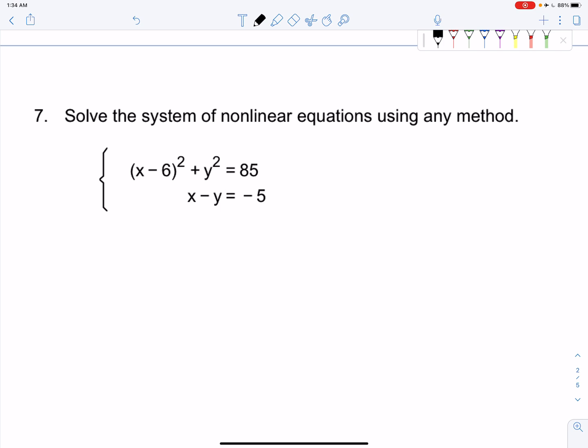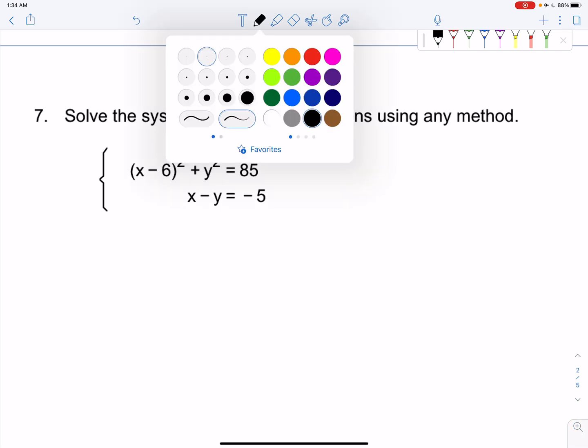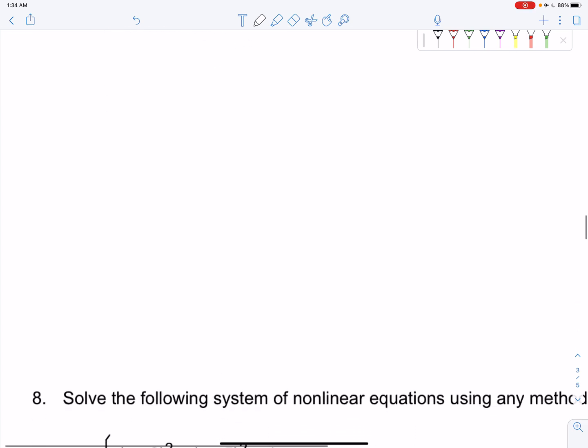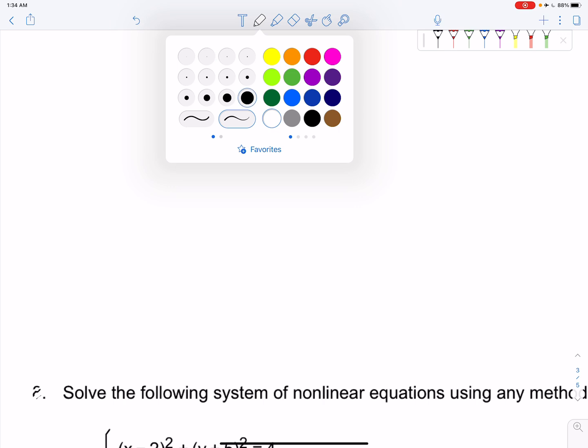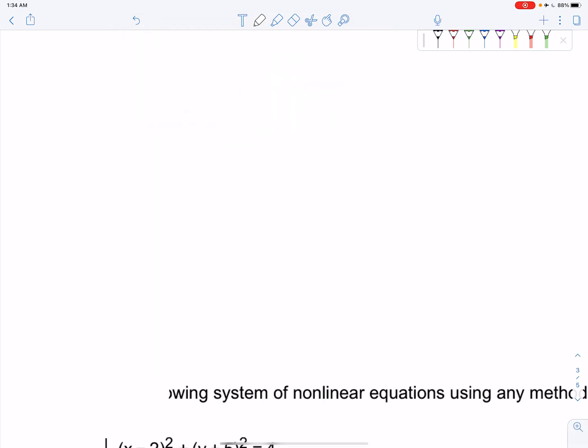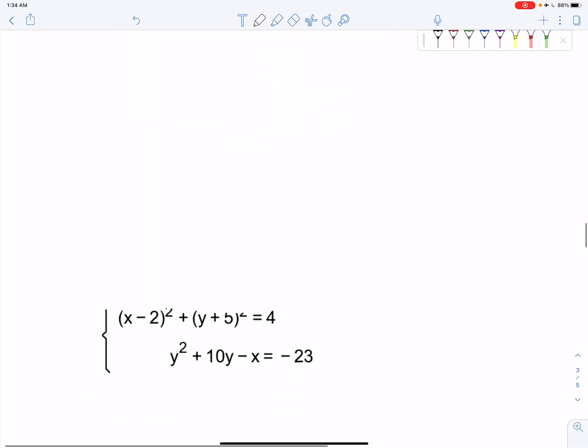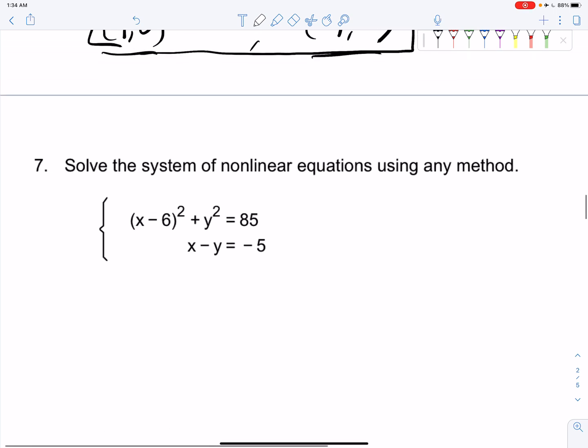So let's do number 7, and then we'll be done. I just want to make sure I go back and erase this so there's no confusion. This number 8 is not a problem. So I'm just going to do this so you guys don't look at it and think we have to do it. There, it's gone. And it's also gone in my lab.